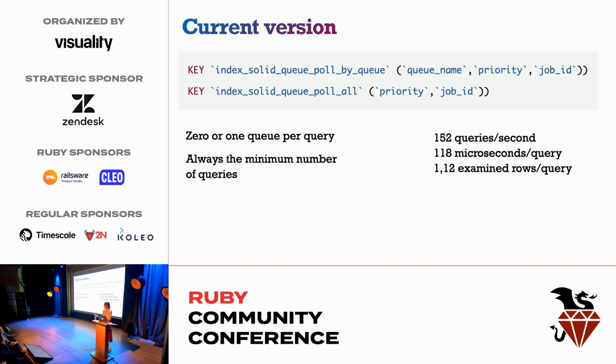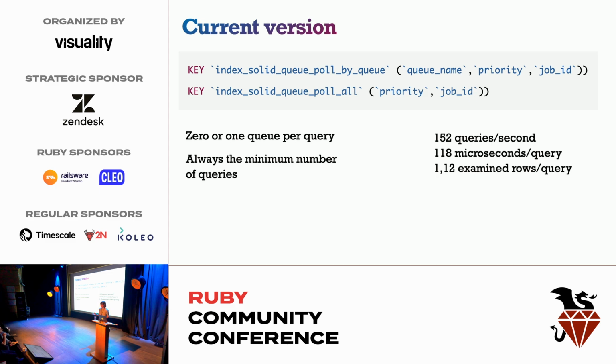With that setup, right now we are running about 152 queries per second. When I did this presentation at Rails World in Amsterdam, these numbers were way bigger. But I made a change recently that I haven't shipped yet, an optimization on the number of polling queries you need.